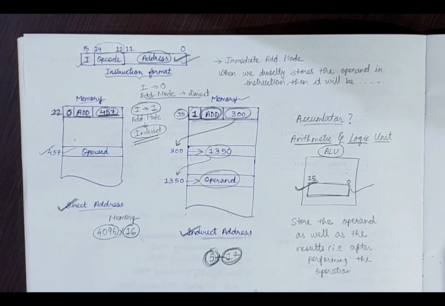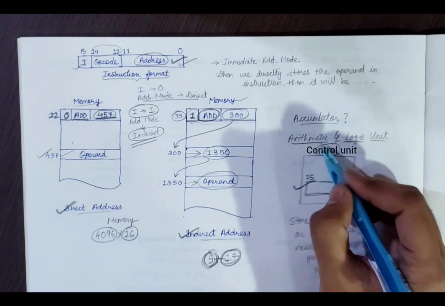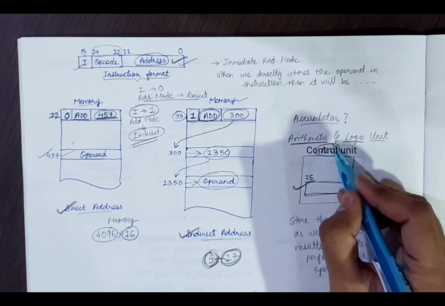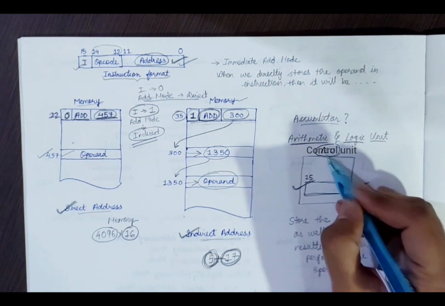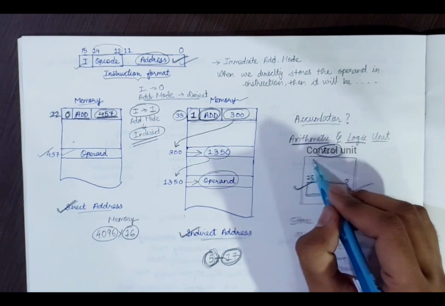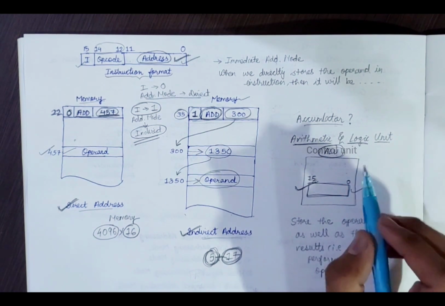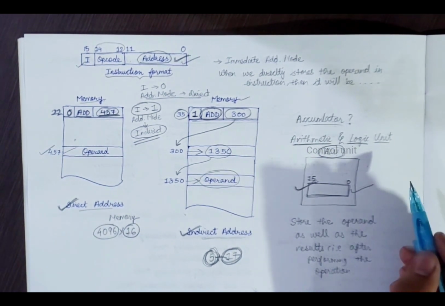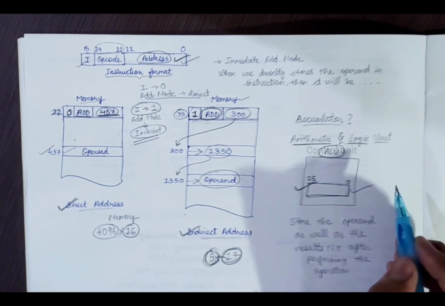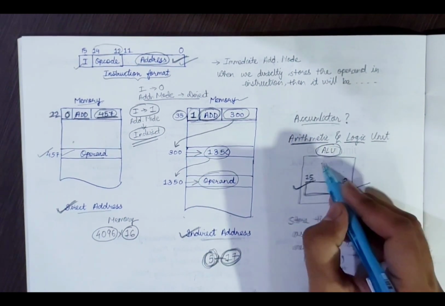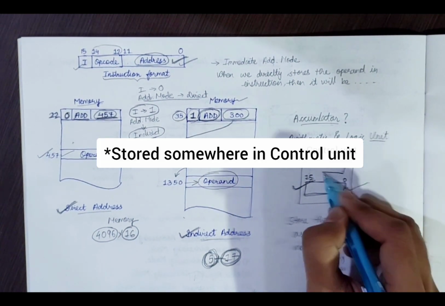Some of you will ask why we don't just fetch the operands from data memory and perform the operation on them. All the operations, which can be arithmetic or logical, are performed in the ALU, that is the arithmetic and logic unit. If we want to perform any operation on the operands, first they are fetched from the data memory, and they must be temporarily stored somewhere in the ALU.